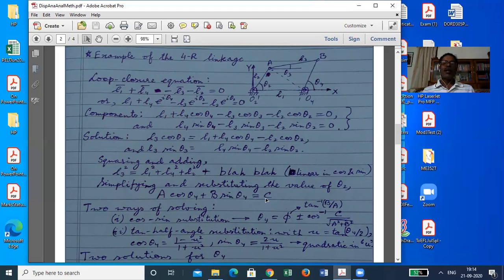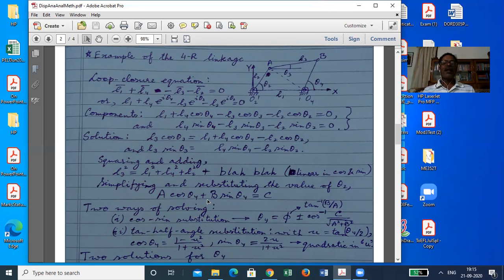Now you see only one unknown is there, theta 4, and only one equation. So you can solve it. How to solve it? I mean, you can solve it in any way you like. But then there are two straightforward ways of solving, equivalent to each other in terms of complications and issues.